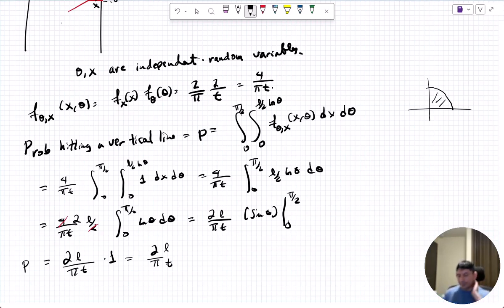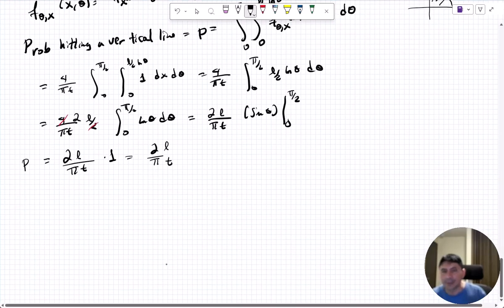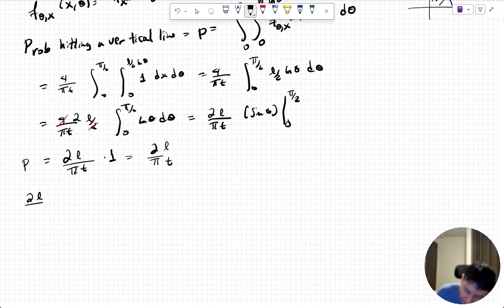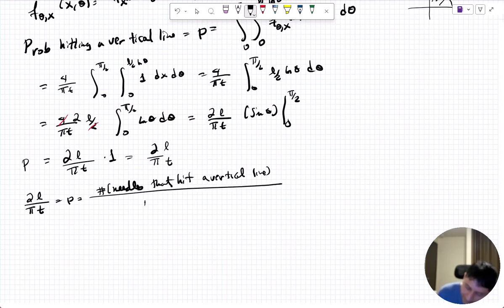So if we were to do the Buffon experiment, then the probability that we will calculate from the experiment will be little p, which will be the number of needles that hit a vertical line divided by capital N, the number of needles. So how do we calculate pi out of this probability? We use this formula.